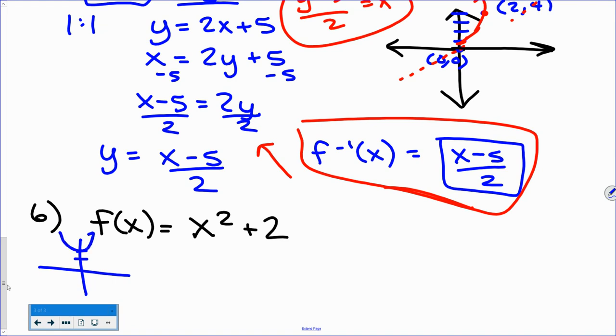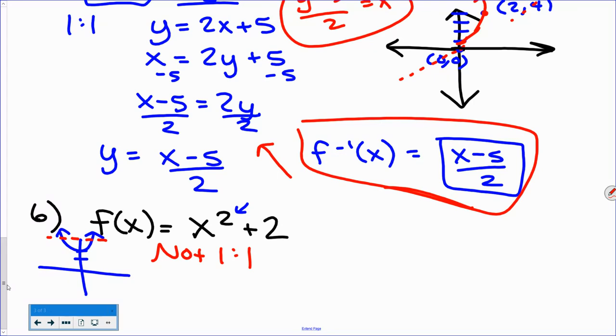Rough sketch makes that U-shaped graph whenever you have an x squared, or 2 is the leading power on your input variable. Would that be 1-to-1? No, it would not pass our horizontal line test. Not 1-to-1. Good news, you move on.